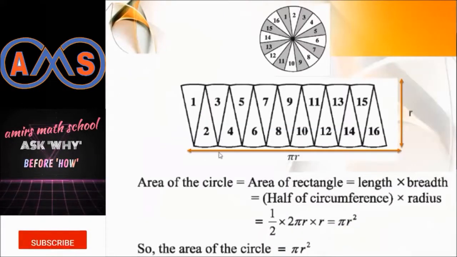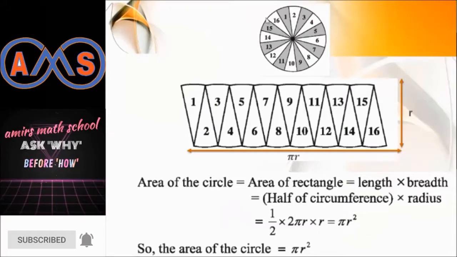This length, 2, 4, 6, 8, 10, 12, 14, and 16, is half of the circumference. The circumference of a circle is 2 pi r. Here the total number of parts is 16. If we take all 16, we cover the whole circumference.